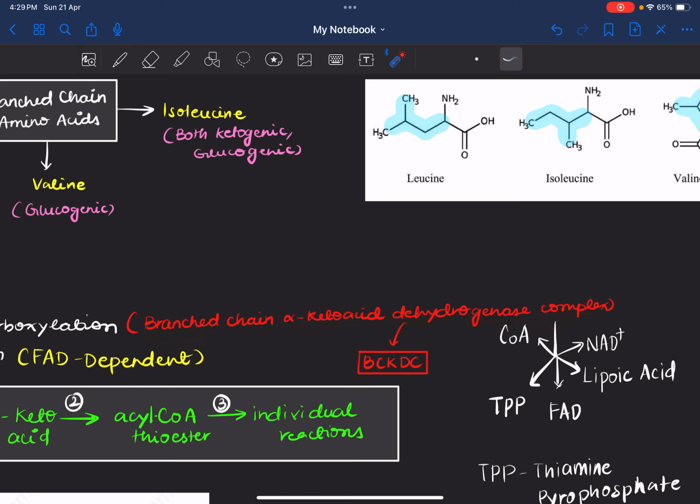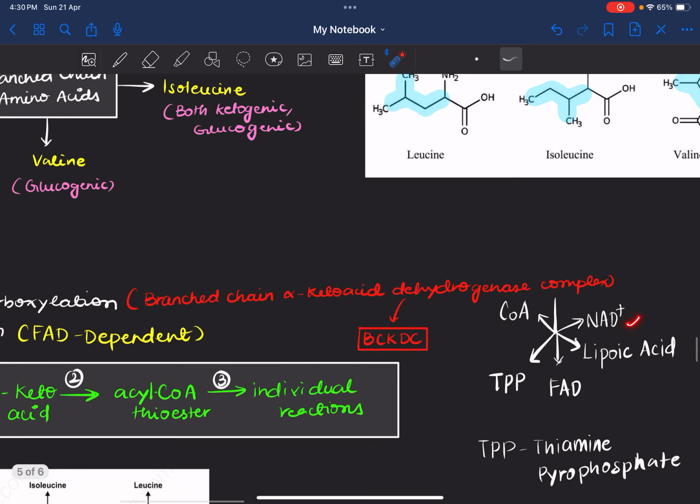We also refer to it as the BCADC complex, right? This complex is similar to our pyruvate dehydrogenase complex because it requires the same 5 coenzymes as pyruvate dehydrogenase complex does. So it requires coenzyme A, thiamine pyrophosphate, NAD+, FAD and lipoic acid, right?